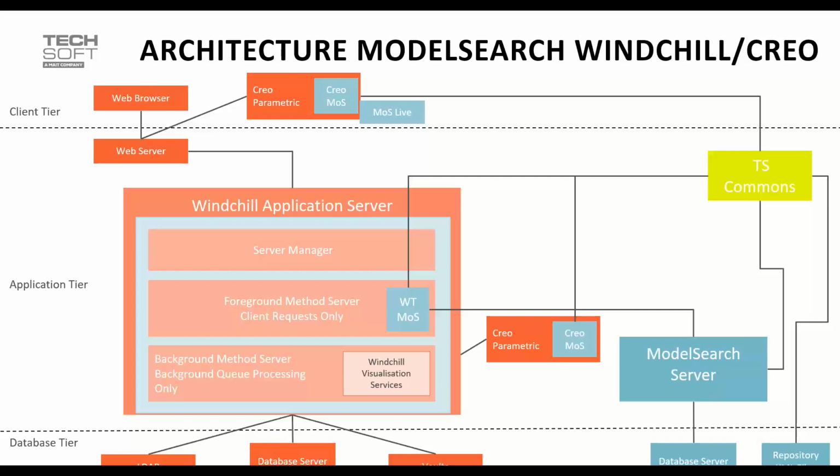Which Creo version and which Windchill version will work perfectly together, and what do you need as add-on? And the second document is the so-called requirement information. It gives you all the information on what is required and is also more or less our recommendation for how we would implement ModelSearch.